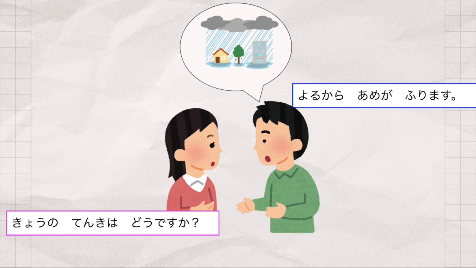So, what form are they communicating in? They are using formal form. どうですか is a formal way of saying どう, and 降ります is a formal way of saying 降る. So, both of them are talking in formal form, and they're talking about weather for today.